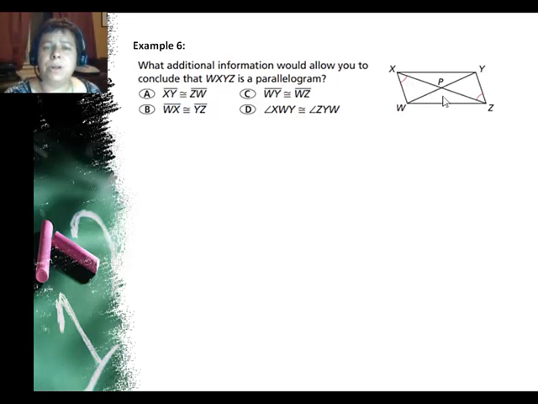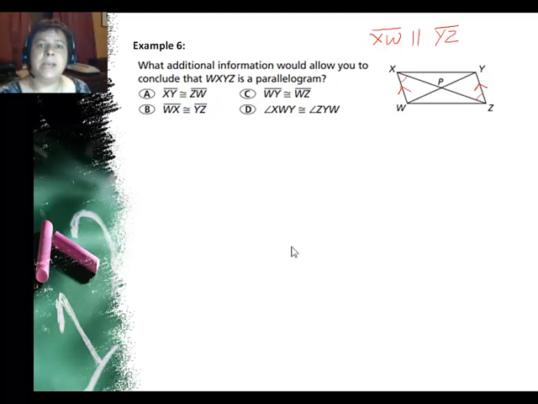Those are congruent. Now I don't know if you see this transversal here. Those are alternate interior angles. So by the converse of the alternate interior angle theorem, XW is actually parallel to YZ. So we know that. XW is parallel to YZ. All right? So we know that's true for the whole problem.